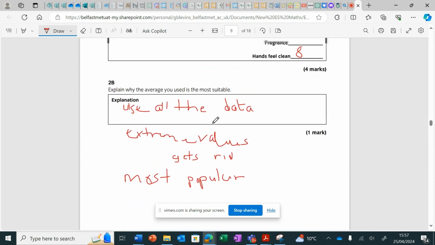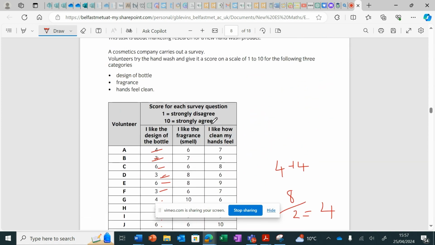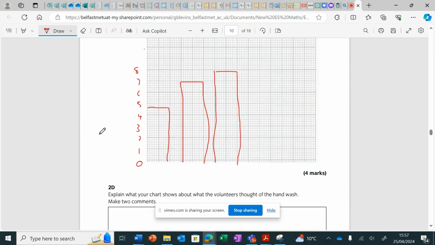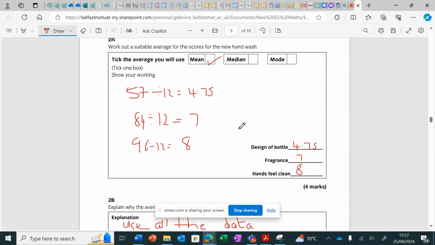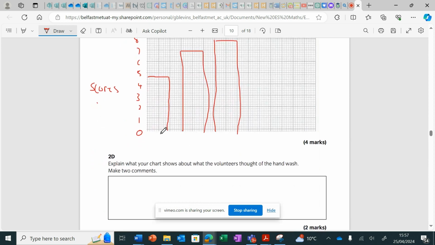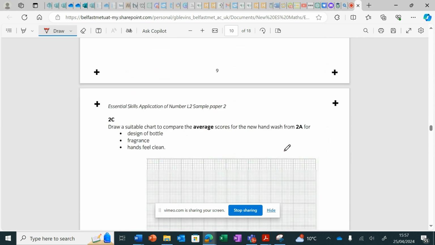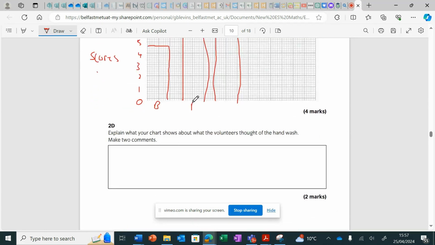Label them. So up here we have scores. So people's scores. I'm just going to do scores. Here you had your categories, which was design of bottle. Just put a wee B for bottle. Again, in the exam, make sure you have more room and you're using a pen.